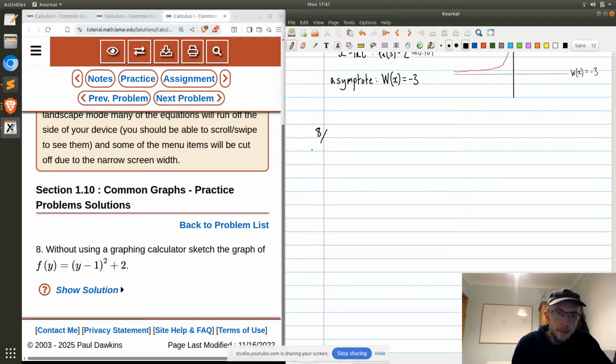Vertex form. Oh no. Look at this. Y is the dependent variable. Oh no, he's not going to do this stupid parabola opening to the right business, is he?